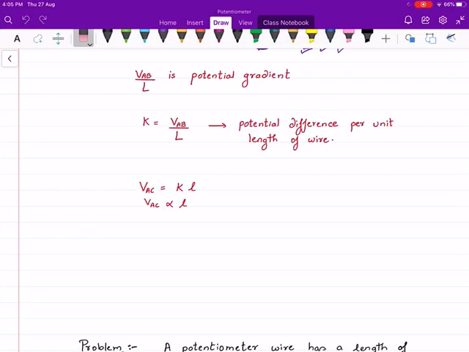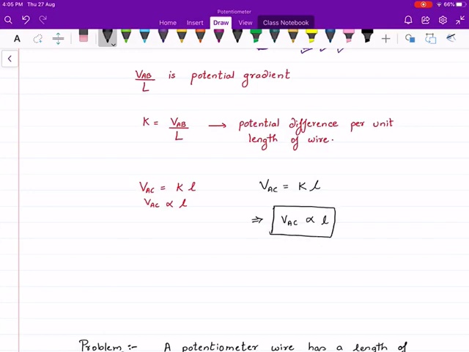So I can write VAC is equal to K, where K is the potential difference per unit length, into the length. Is it not? And K is a constant. So this implies that VAC is proportional to L.